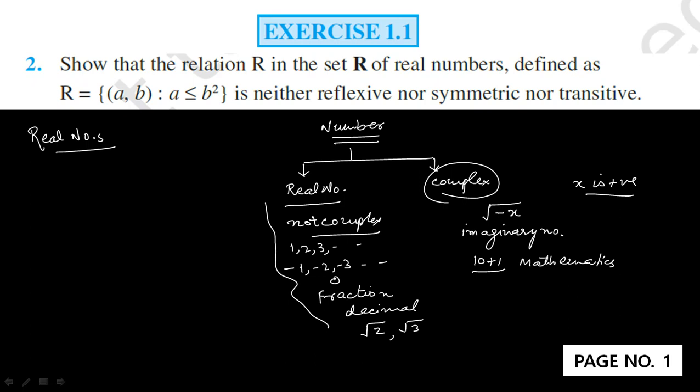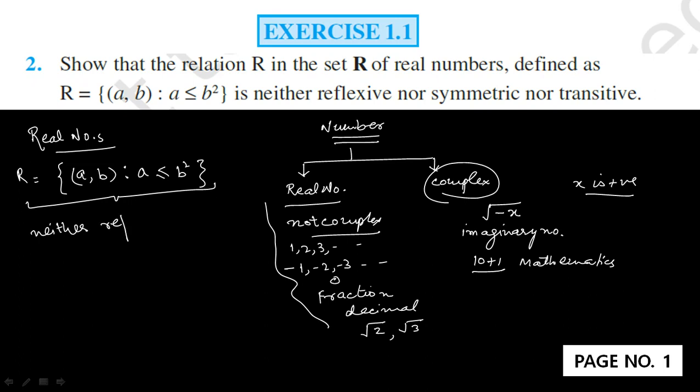If I am talking about this statement, R is equal to (a, b), a less than or equal to b square, this is one relation, and we have to show that this relation is neither reflexive, nor symmetric, nor transitive.